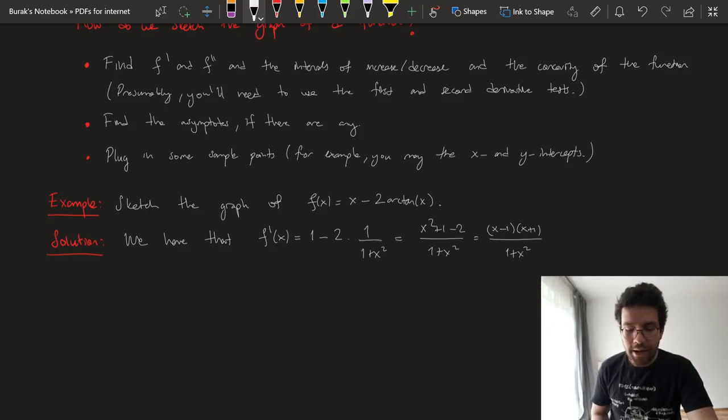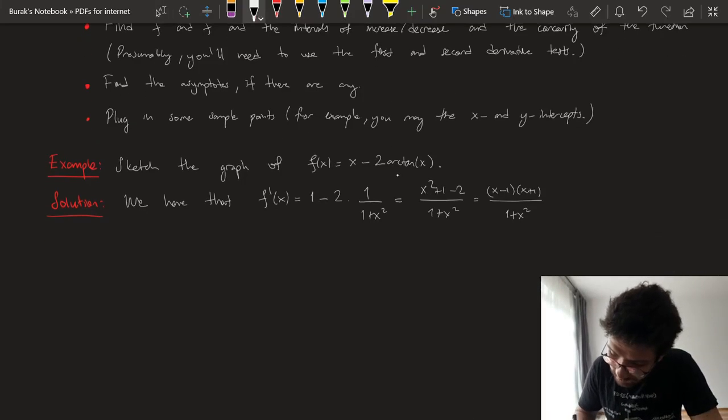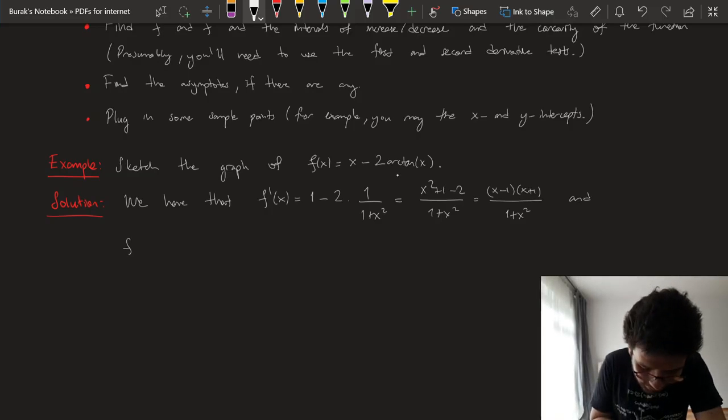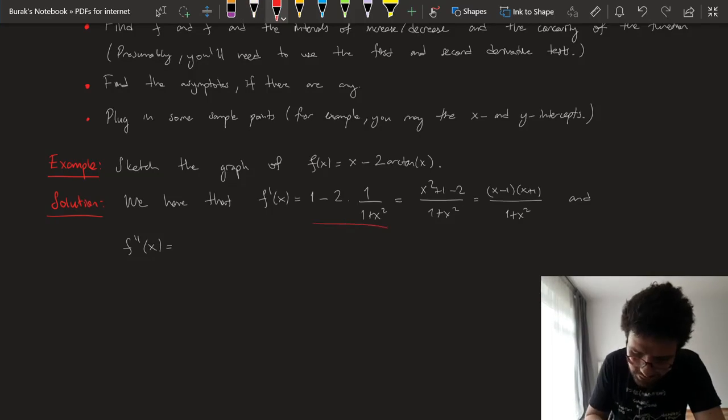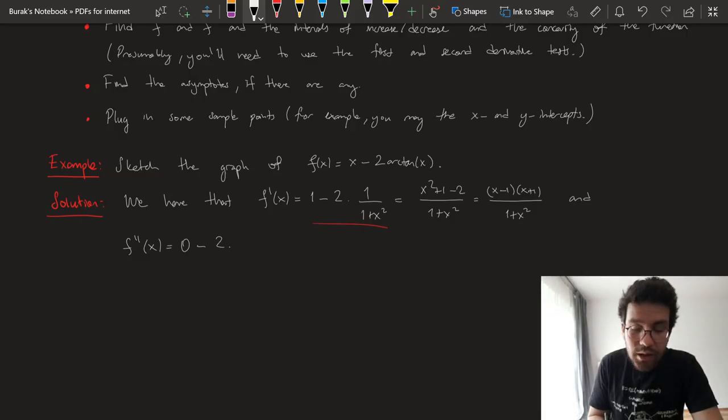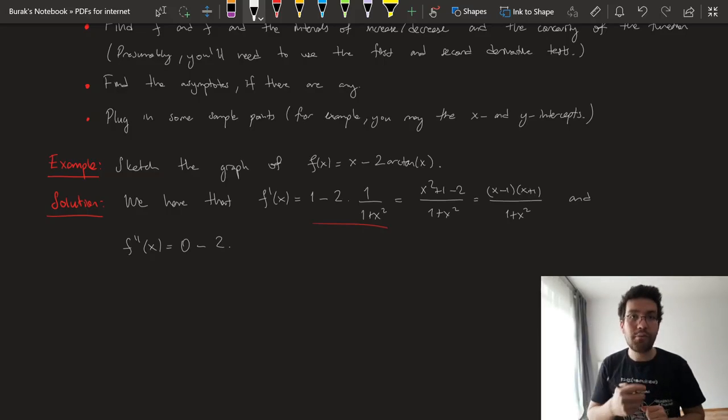Okay, so I will have two critical points, 1 and minus 1. Let me also find the second derivative. Let me take the derivative of this term because it's easier. The derivative of 1 is 0, 0 minus 2 times... Now I need to differentiate 1 over 1 plus x squared. This is like a composition, so I need to use the chain rule. The outer function is 1 over t.